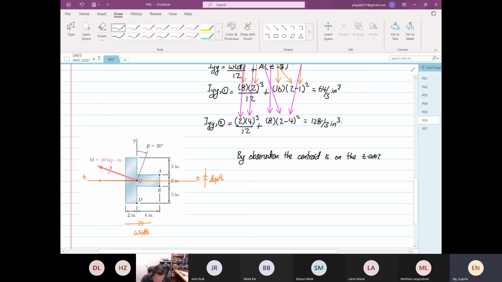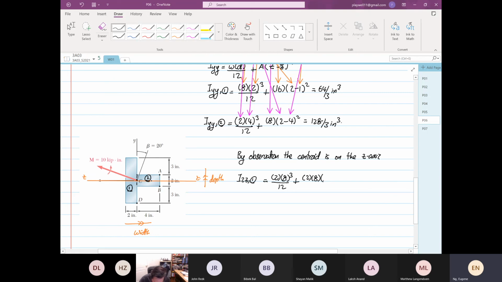So that makes our life easier. We don't need to find the centroid. So we again divide this. This is our 1, and that's our 2. So IZZ1. All we need to do now, the formula is still the same. So width is 2, depth is 3 plus 3, 6, 8 cubed over 12. Now the other one is equal to 0. I'll tell you why. The area is 2 times 8.